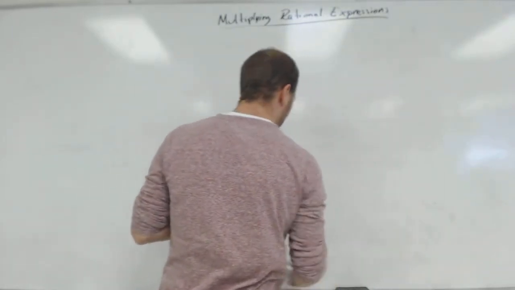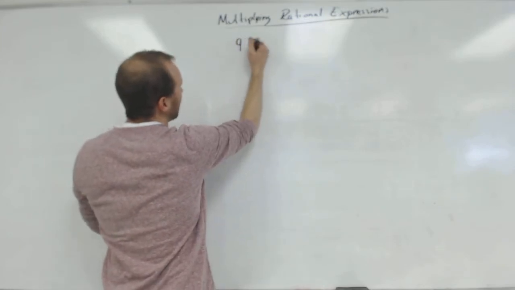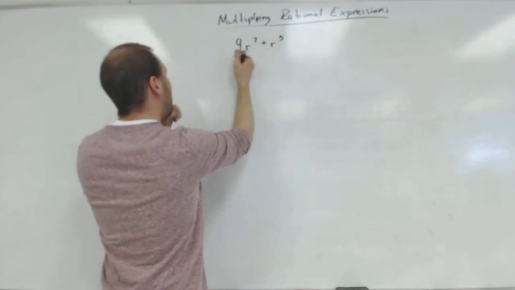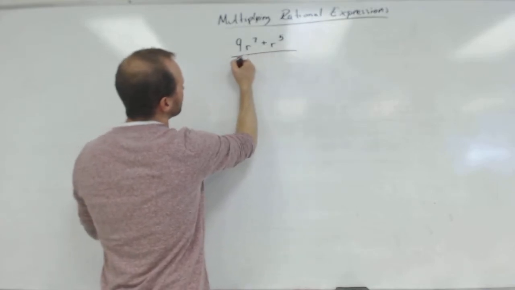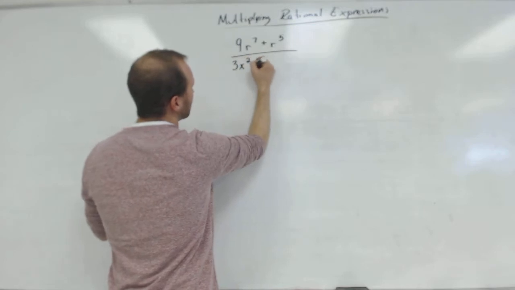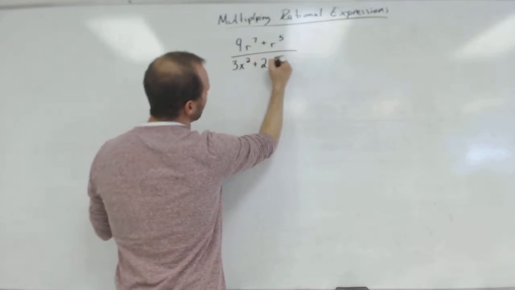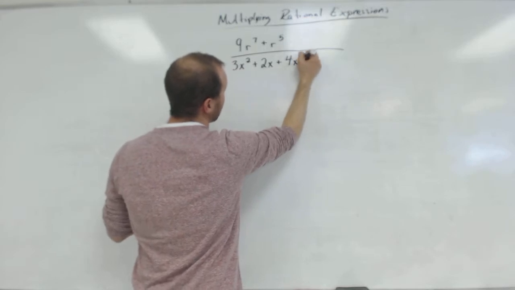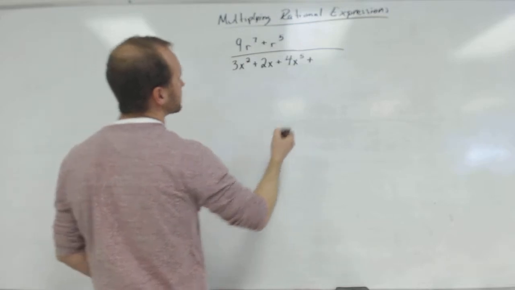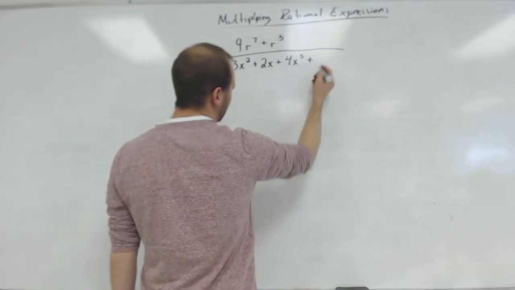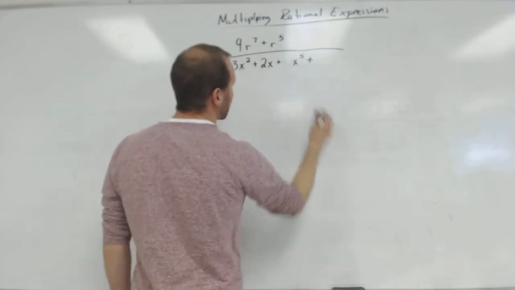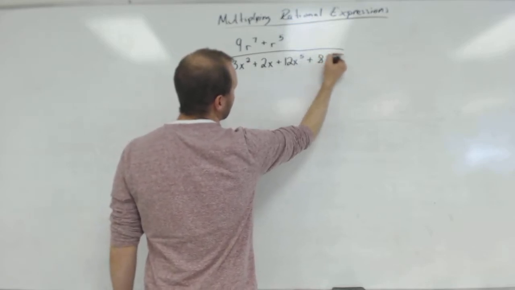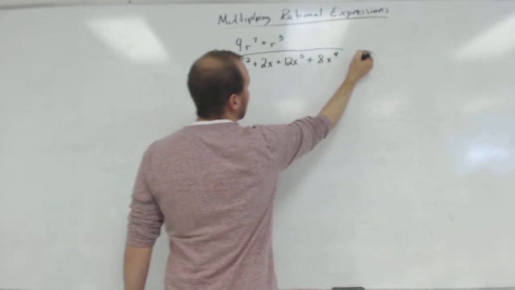We could have things that maybe we don't think we know how to factor, like this: 9r to the 7th plus r to the 5th over 3x squared plus 2x plus 4x to the 5th plus 12x to the 5th plus 8x to the 4th.